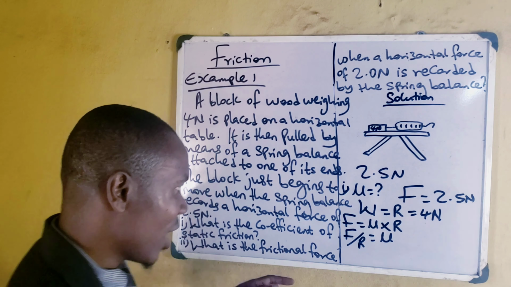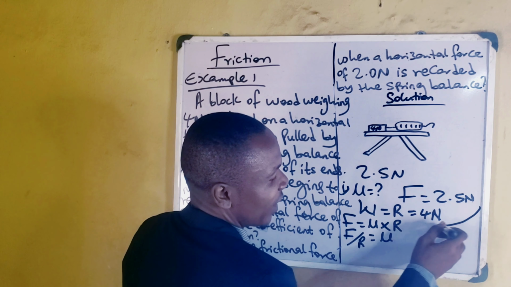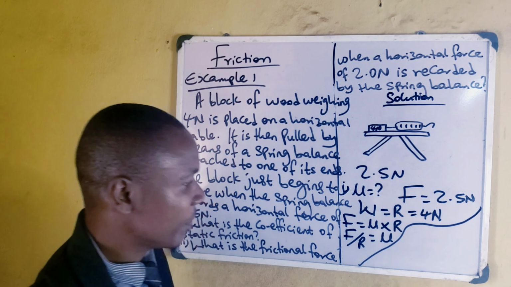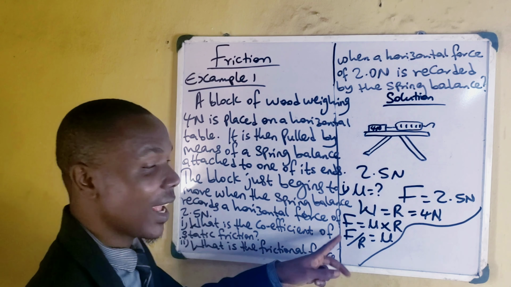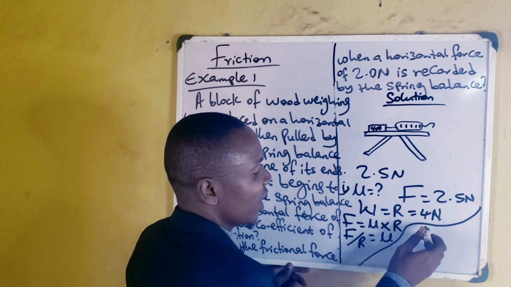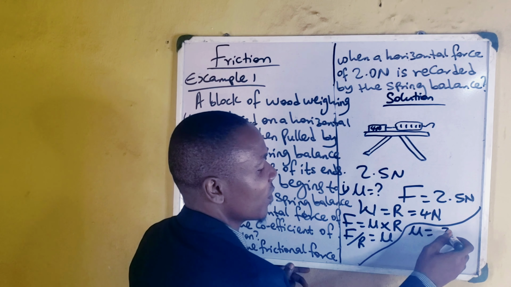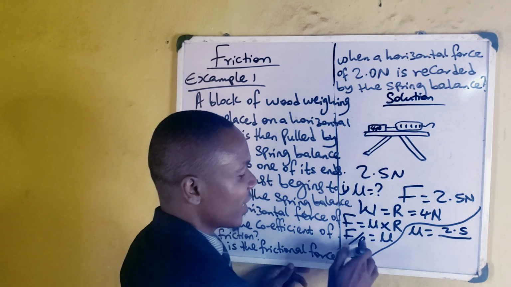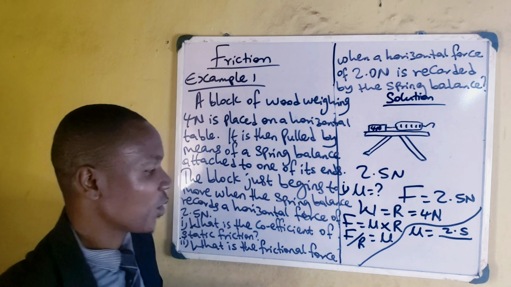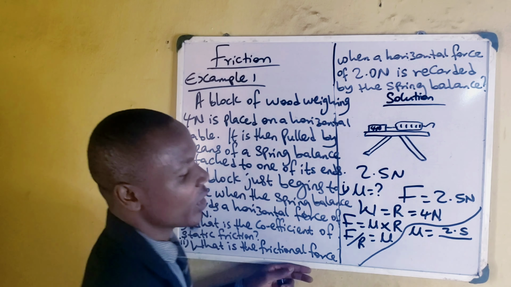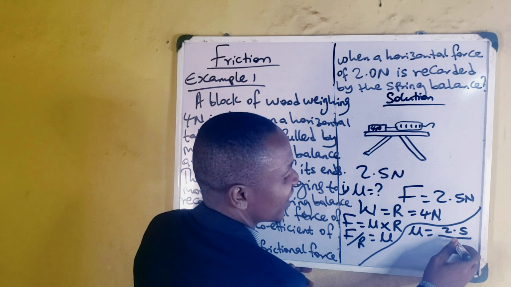Can you see that? All right, I don't have much space here. Let me try to see if I can solve it here. All right, substituting here, I have frictional force to be 2.5. So the coefficient of static friction is equal to 2.5, that is the value of frictional force, over the value of normal reaction, which is 4, like this.